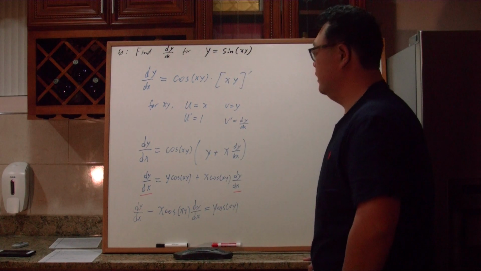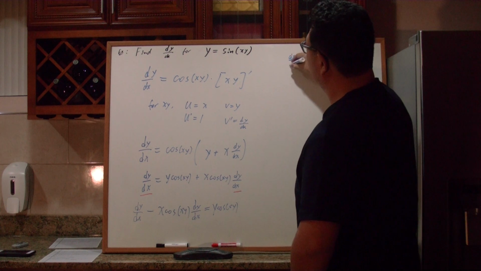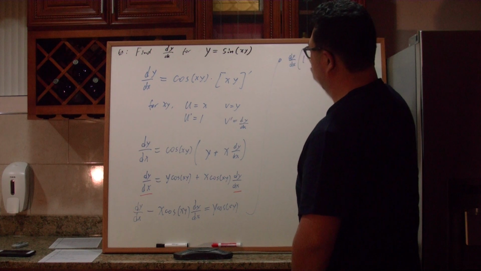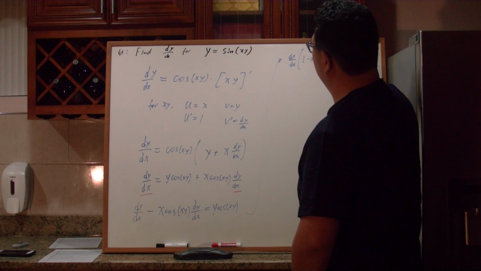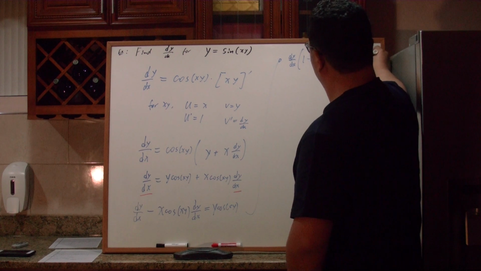Then the next step is just to factor out dy over dx: 1 minus x cosine xy equals y cosine xy.